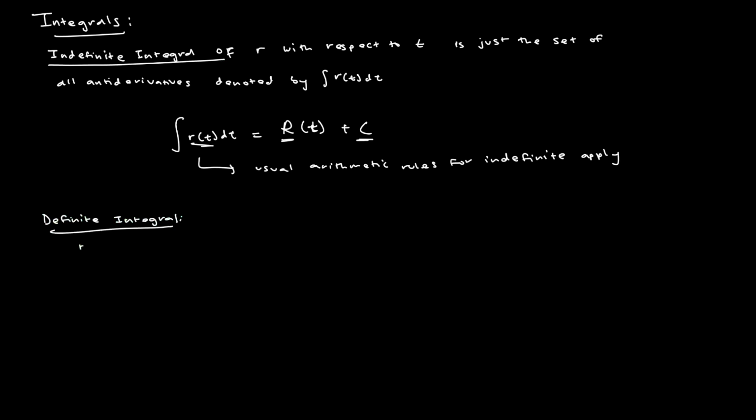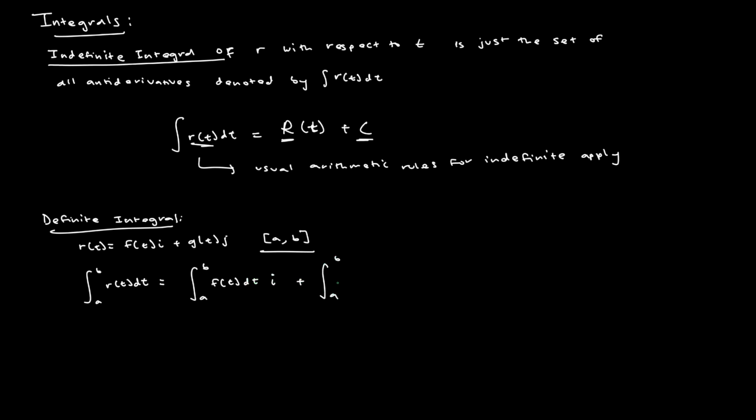So if we have r of t equal to f of t times i plus g of t times j, and we know it's integrable on this domain from a to b, then the definite integral of r of t dt on this interval is the same as evaluating the integral from a to b of f of t dt and multiplying it by i, plus the integral from a to b of g of t dt and multiplying it by j.